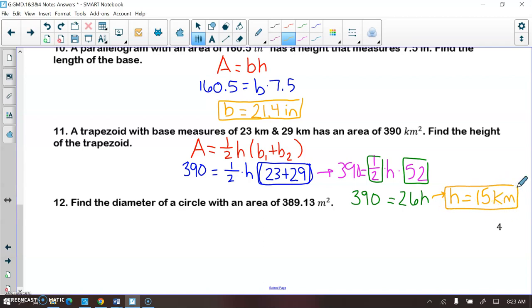All right, down to the last problem now. We're going to find the diameter of a circle with the area being 389.13. So my area formula of a circle is pi r squared. And so I'm going to fill in all my information.